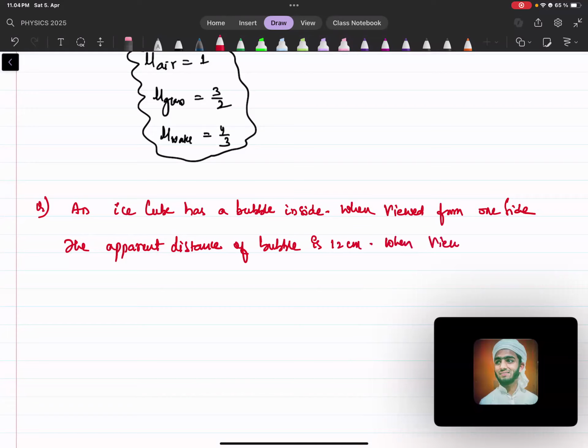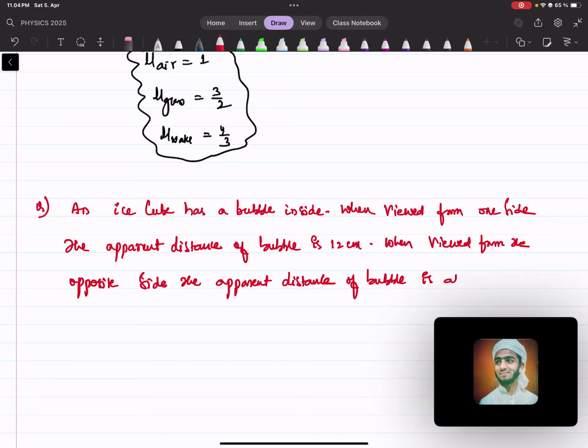When viewed from the opposite side, the apparent distance of the bubble is 4 centimeters. If the side of the ice cube is 24 centimeters, that means thickness is given, the refractive index is how much?